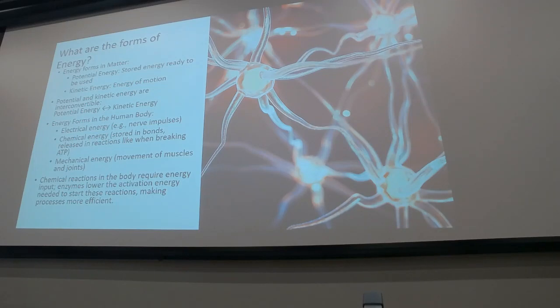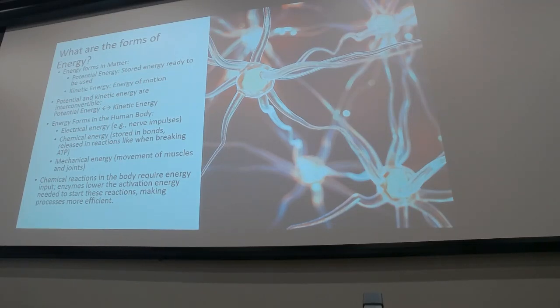Kinetic is energy in motion, basically. And both of them are interconvertible. So kinetic energy can be converted into potential, and potential can be converted into kinetic. In the human body, we have electrical energy, which is basically action potentials that travel across the plasma membrane in excitable cells like muscle cells and nerve cells.